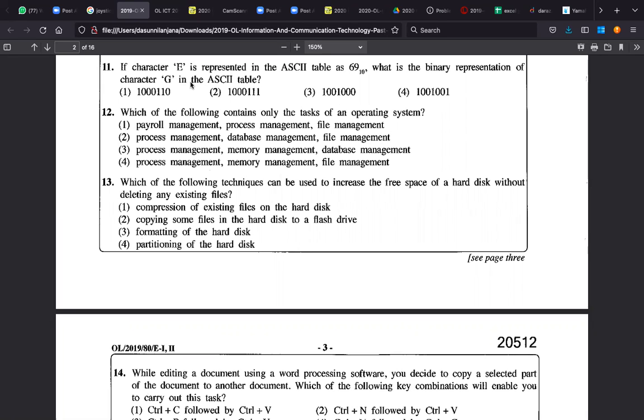Then F is 70 and G is 71. So indirectly they are asking 71 in binary. Now we have to convert that.